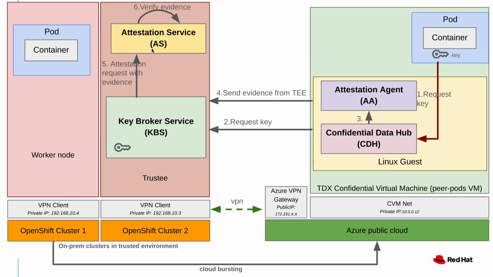After the attestation service verifies the evidence, it will send the attestation token to the KBS. Now the KBS gets the key and it will release the key to the CDH. And now the container can get the key, and the application can be decrypted and served. So this is the whole process.